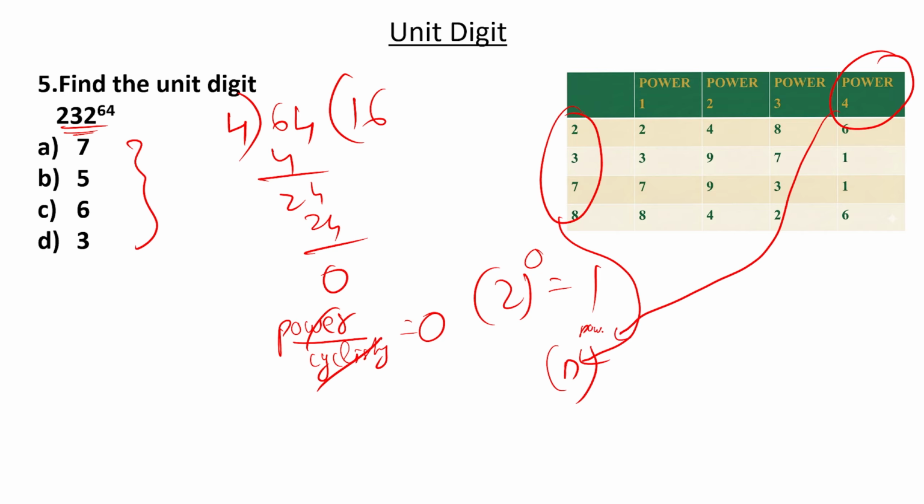That means, since it's 2 power 64, it means 2 power 4. That means the value is 6.